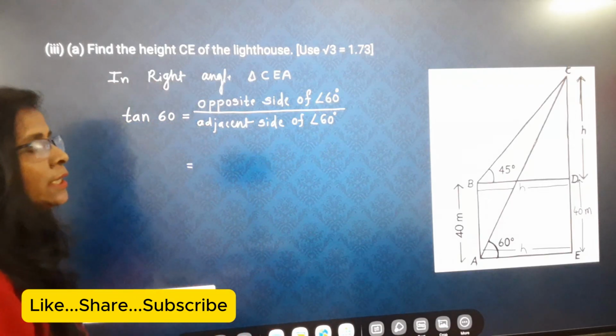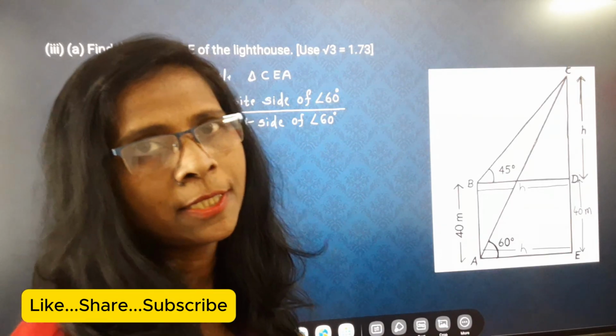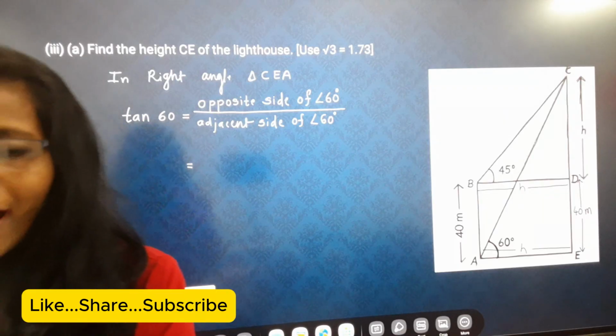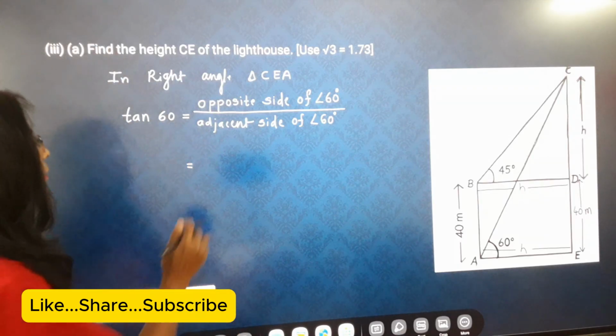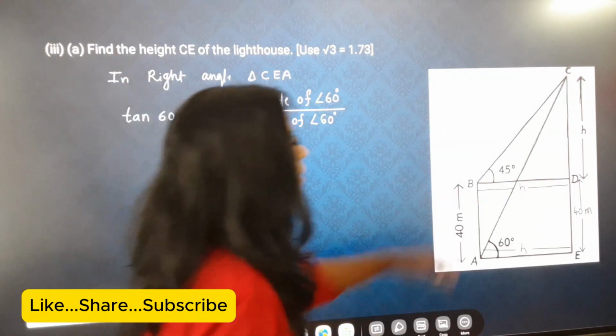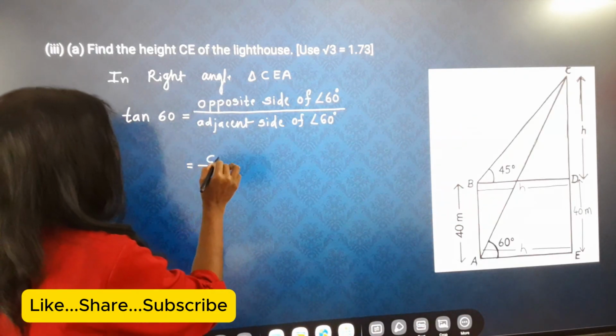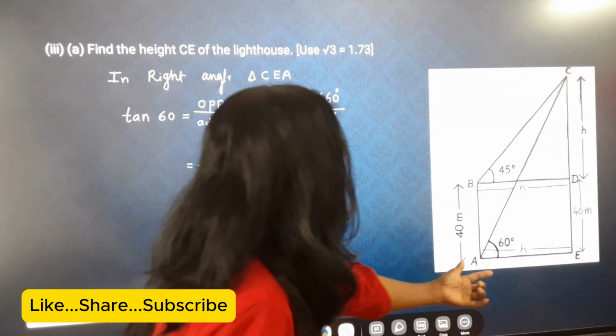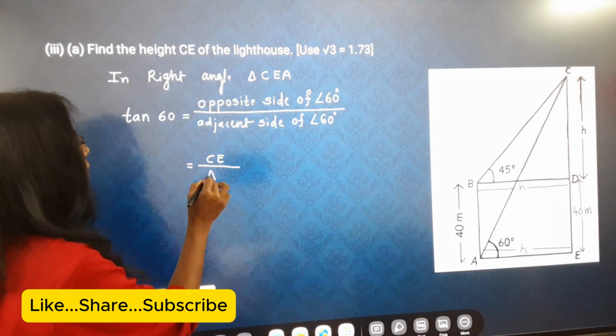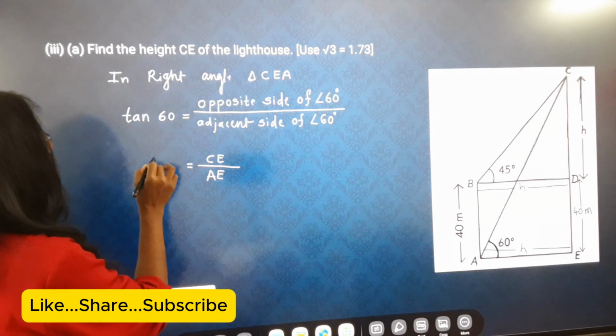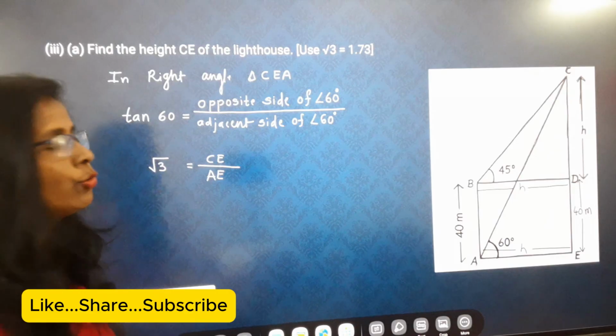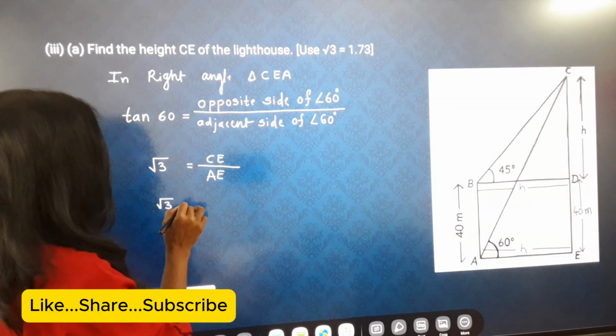The opposite side of angle 60 degree is CE, and the adjacent side of angle 60 degree is AE, students. And tan 60 is root 3.